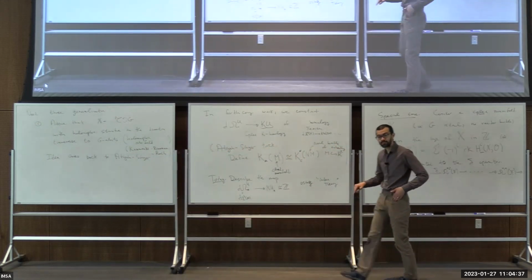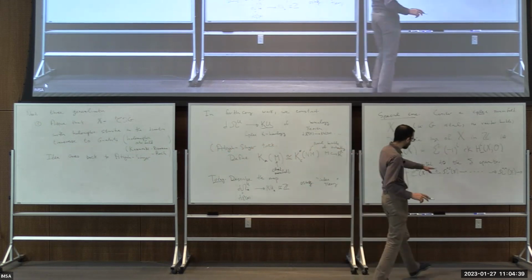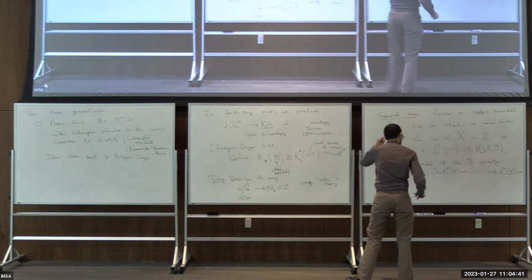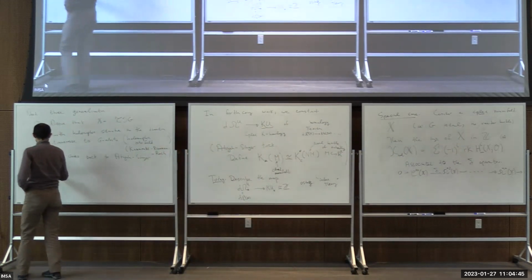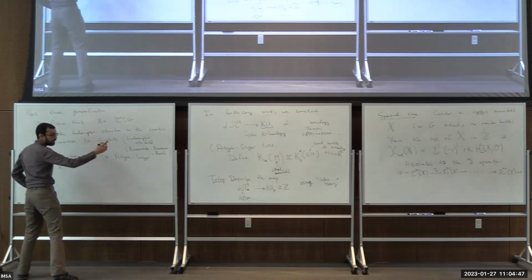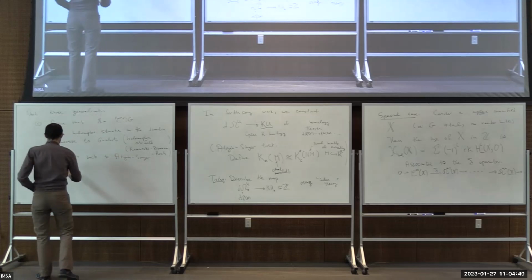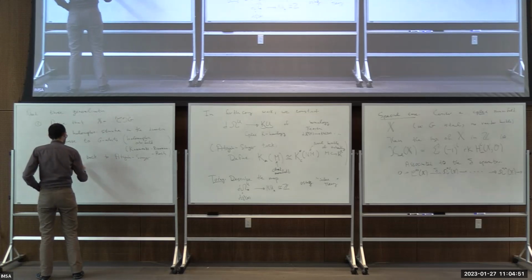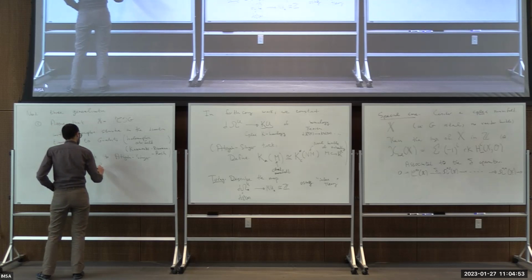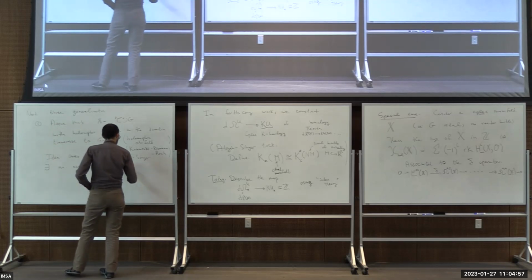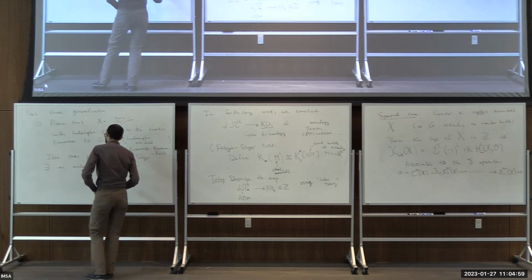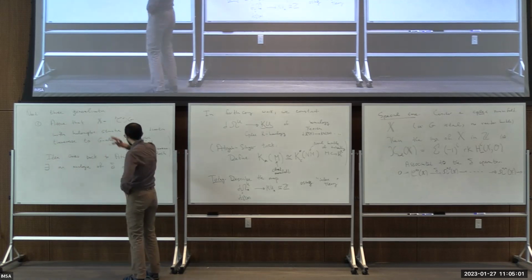Except that instead of looking at one form, you look at one form in the direction which is transverse to the leaves in the orbit. So there is this analog of this local operator, but that's in the transverse direction only.